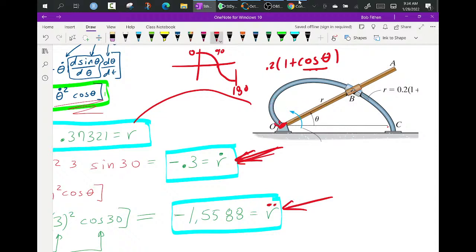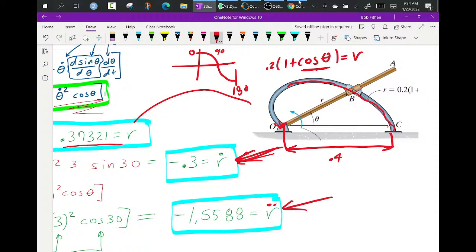The second thing is, if you look at theta of 0, then you get this distance being 0.2 times 1 plus cosine of 0, which is nothing more than 1. So this distance should be 2 times that, or 0.4. That's how far that should be. So what's happening is, as you move along this path, the r is shortening. But it makes sense.